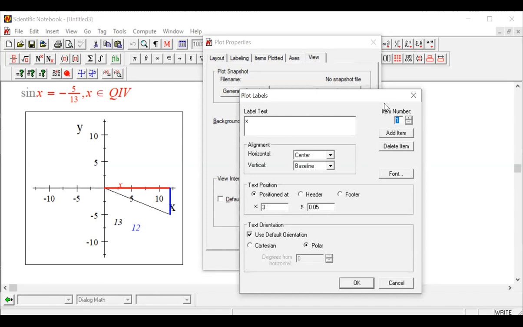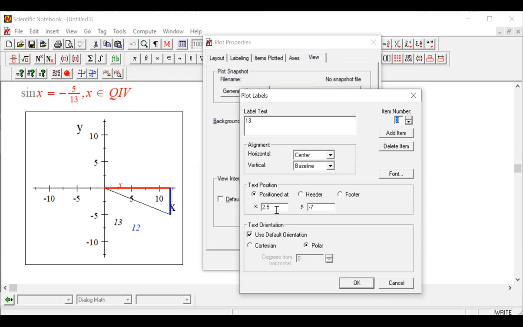So x is in the right place, but I'd like to move x over just a little bit. And the 12 is now -5. So -5 here, and the 13 should be moved up.